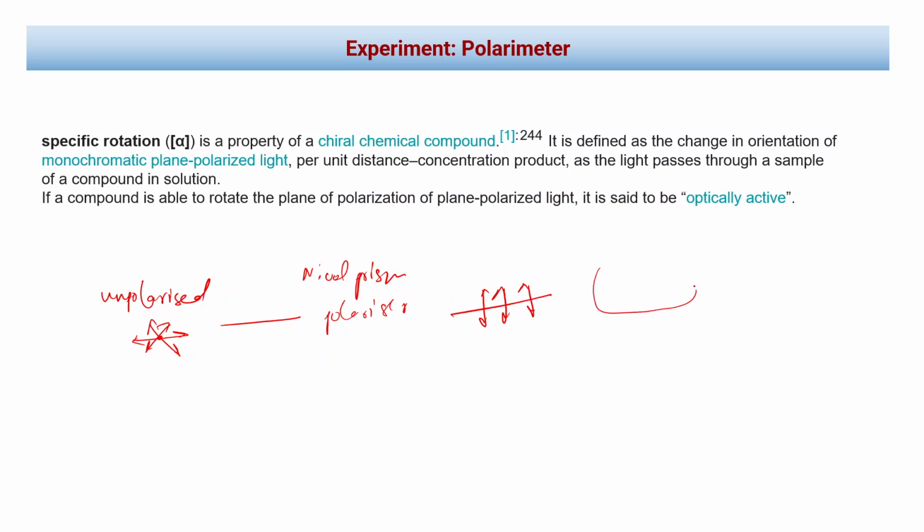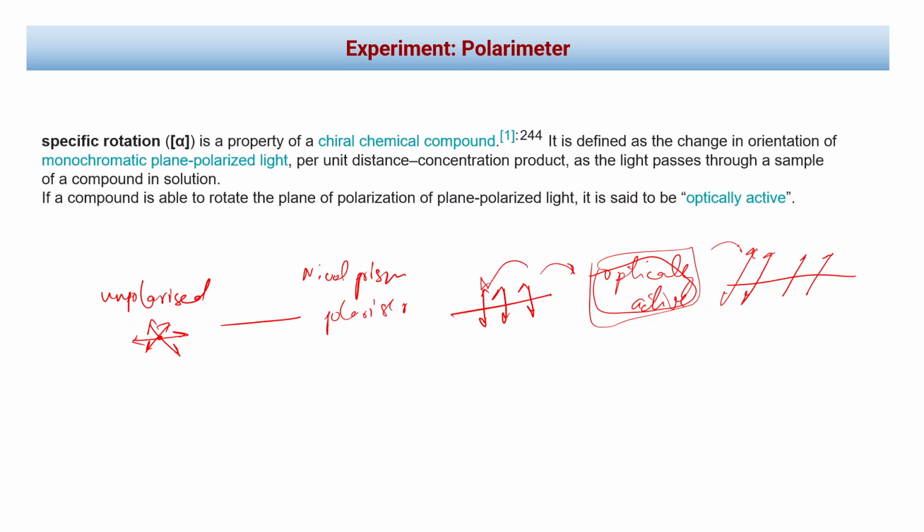Now I use this unknown material, and if, after passing through it, the plane of polarization changes by some angle, say 45 degrees, that means this is an optically active material. Depending on whether the plane of polarization has rotated to the right or left, it is called differently.